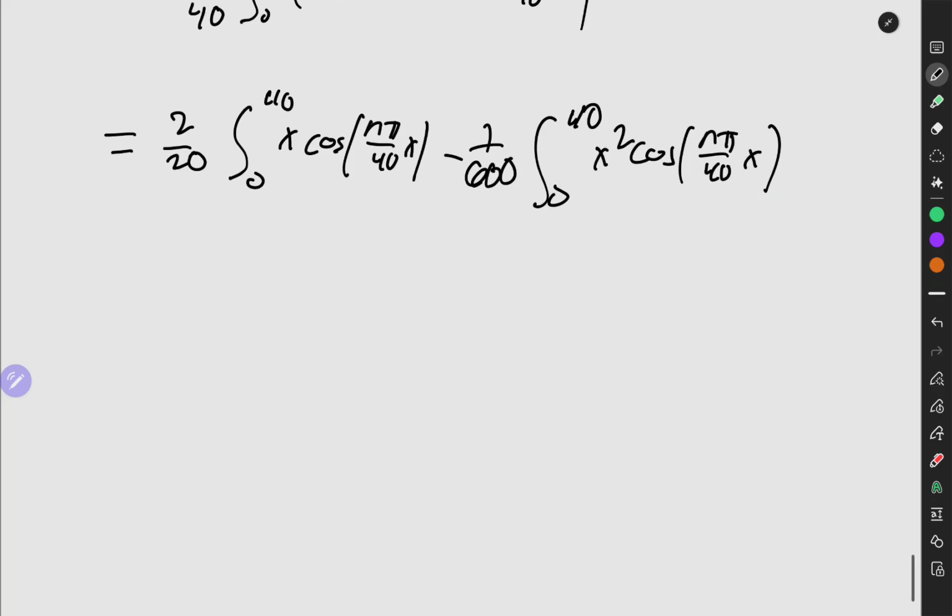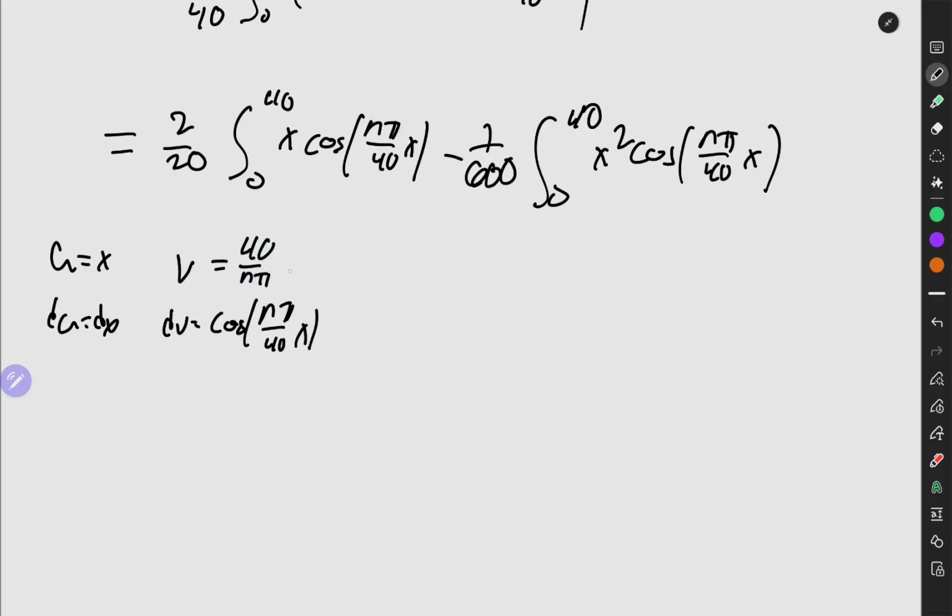Okay. For this one, use x, du is dx. V, dv is cosine n pi over 40x. So then this is 40 over n pi sine n pi over 40x.